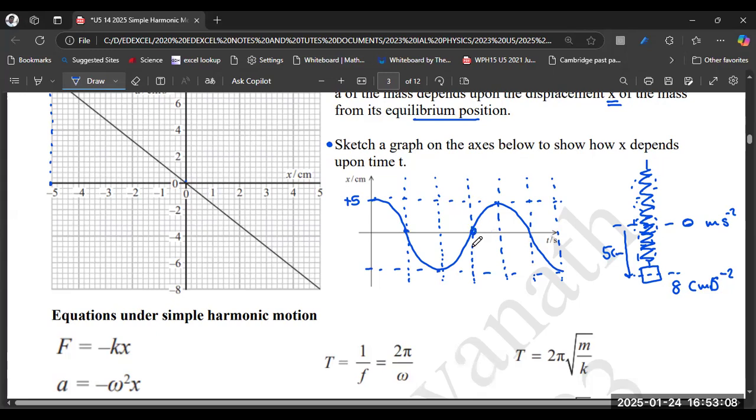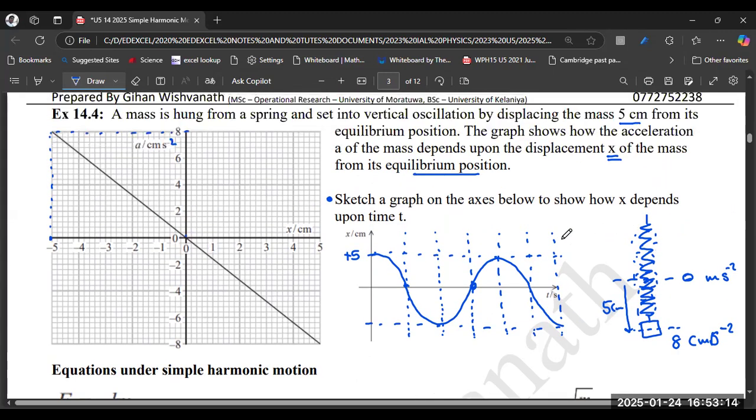So on the time axis, you have to mark the time period. How do you mark the time period when they give you the maximum acceleration and the maximum displacement? You can find omega. How? Maximum acceleration is equal to A omega. So omega will be equal to what?